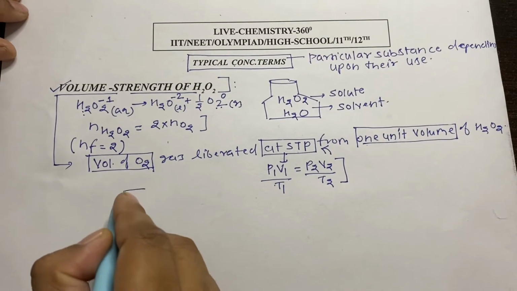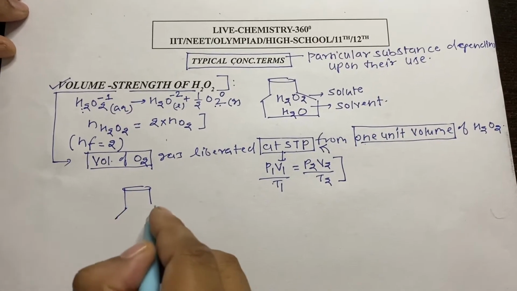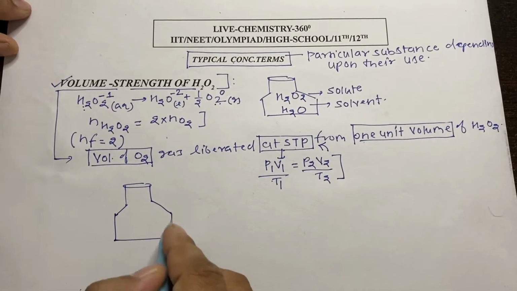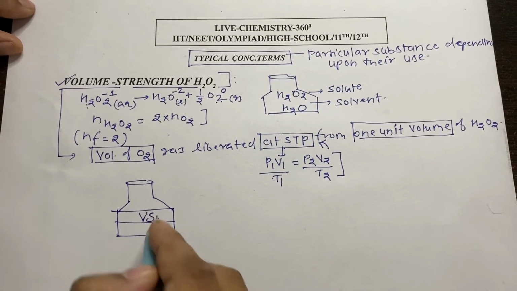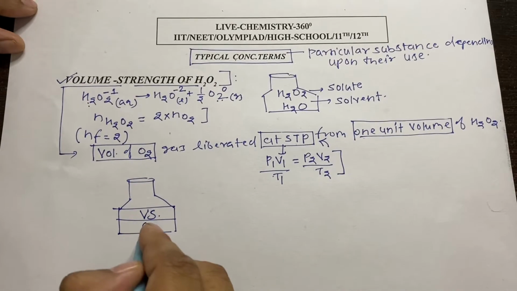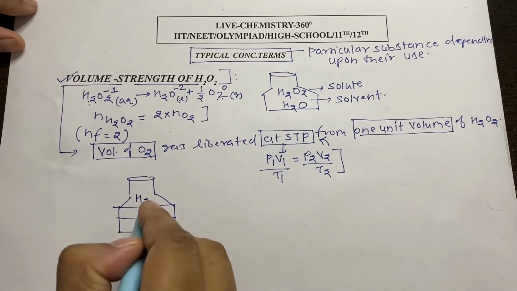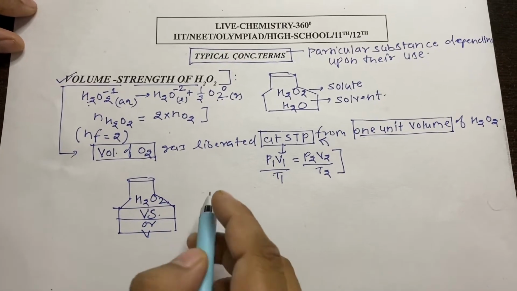Now, how can we decode this? Suppose a bottle of H2O2 is labeled by V VS or V volume.